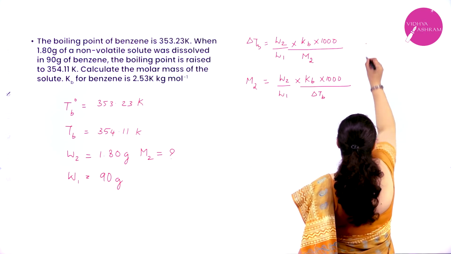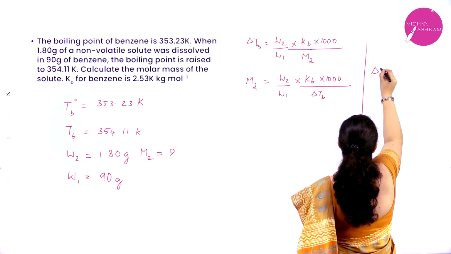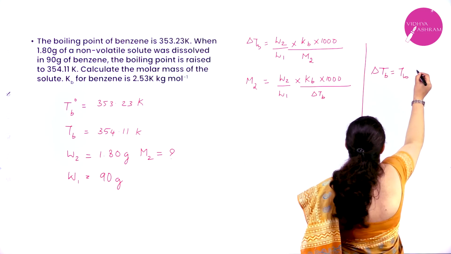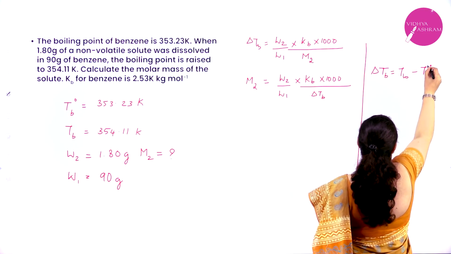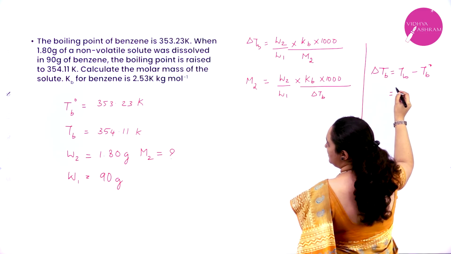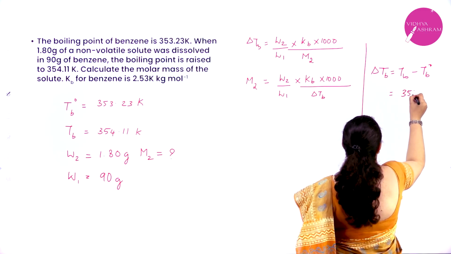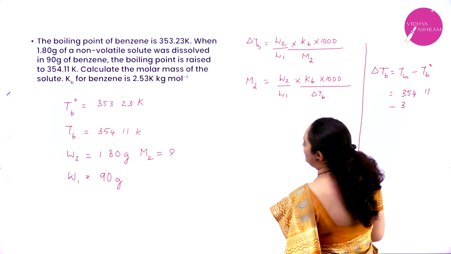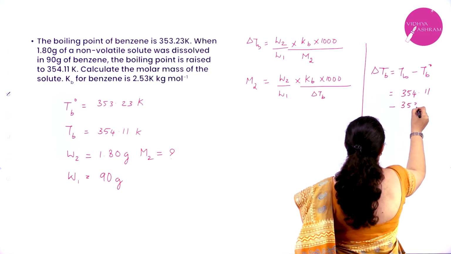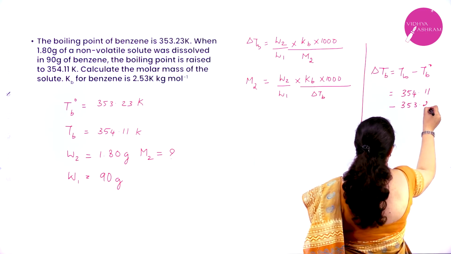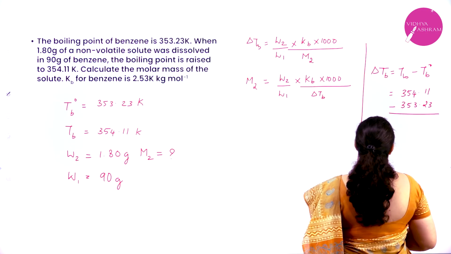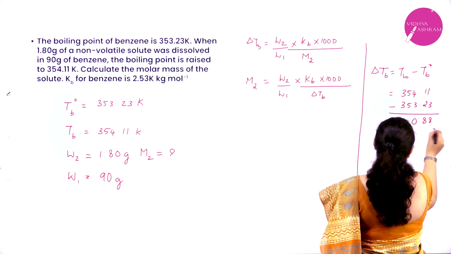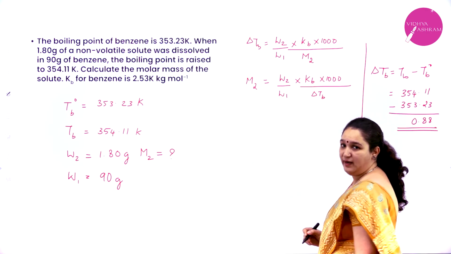So I shall write here delta TB is equal to TB minus TB naught. So TB is 354.11 minus 353.23. Okay. So I'll get the value as 0.88. Correct?